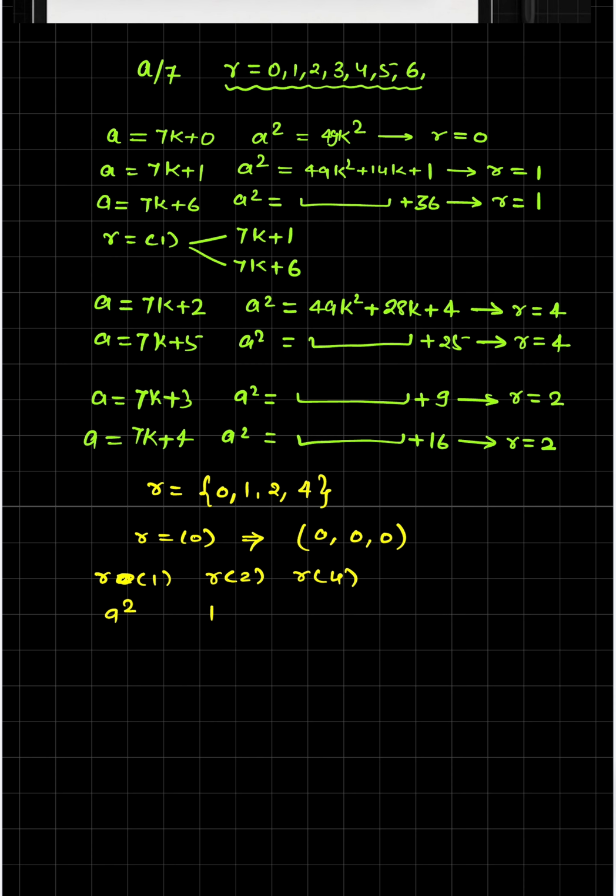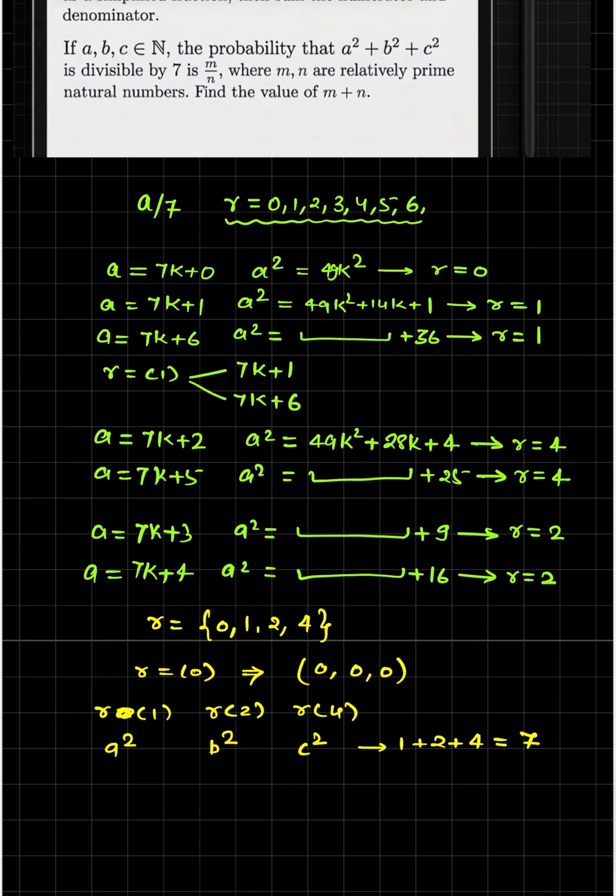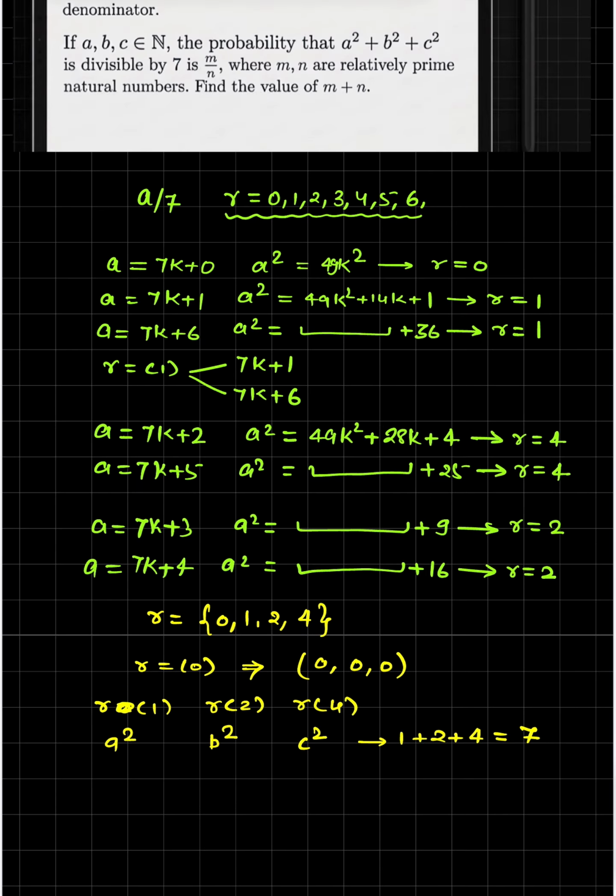When b square is divided by 7, the remainder is 2. And when c square is divided by 7, the remainder is 4. So when we add all the remainders, 1 plus 2 plus 4, we get 7. That is again a multiple of 7. And what are we looking for? We are looking for the probability such that a square plus b square plus c square is divisible by 7.